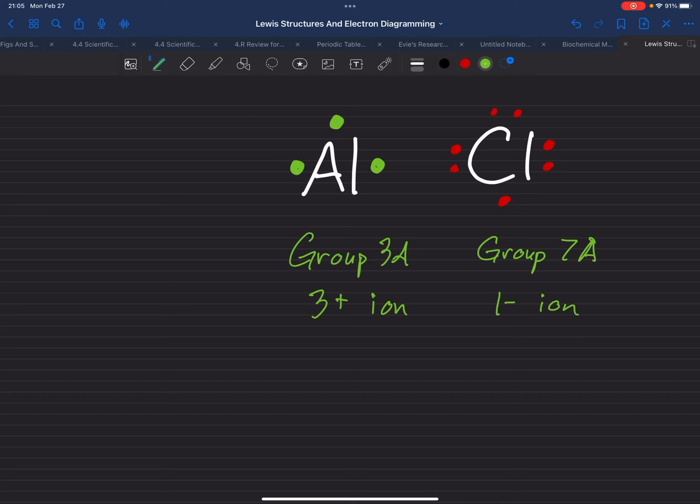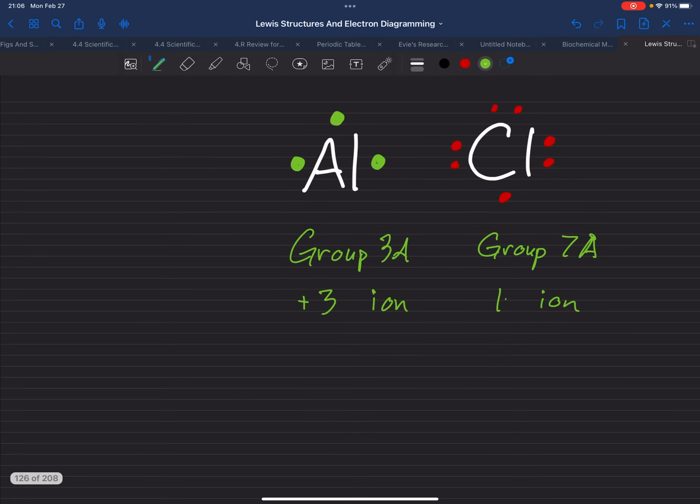Now we can say +1, -1, +3, -3. It doesn't really matter. Since we should just be consistent, we'll say +3, and here we'll also say -1 rather than 1-. Depending on the chemist that you're talking to, they might refer to them in either way.